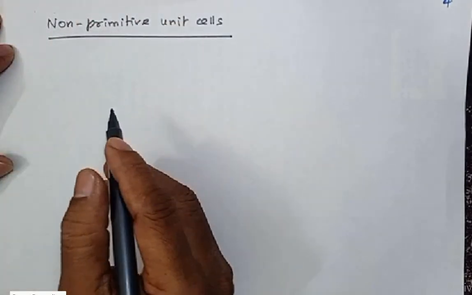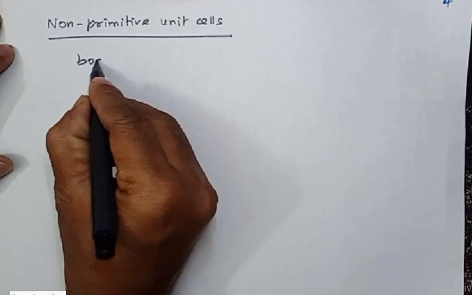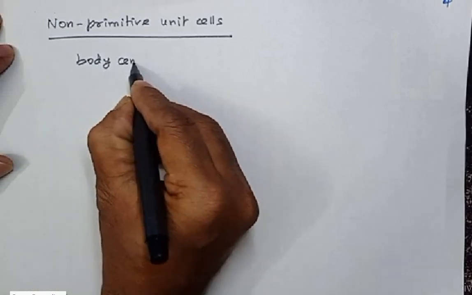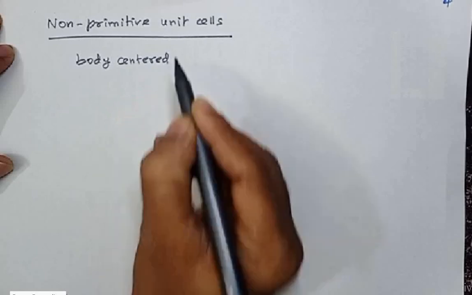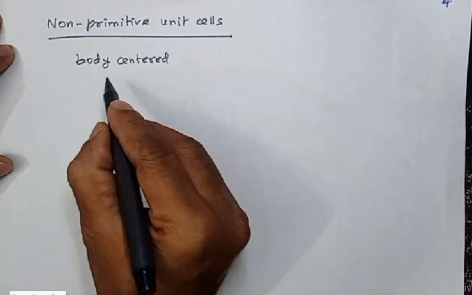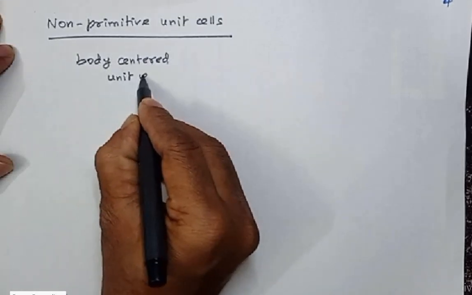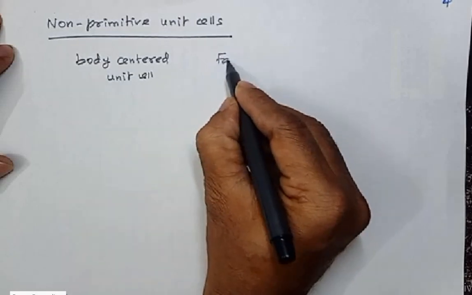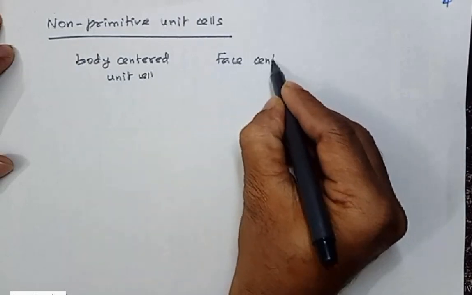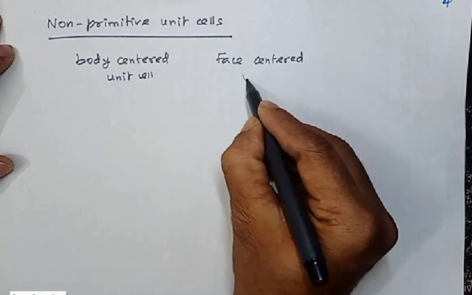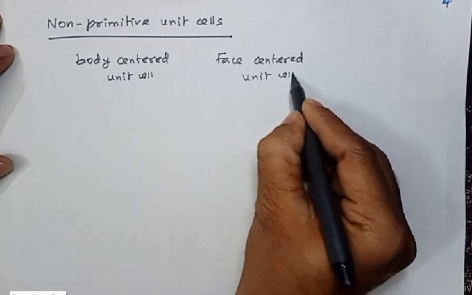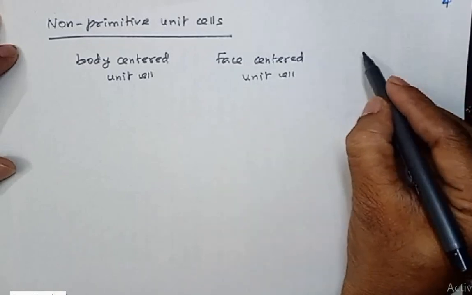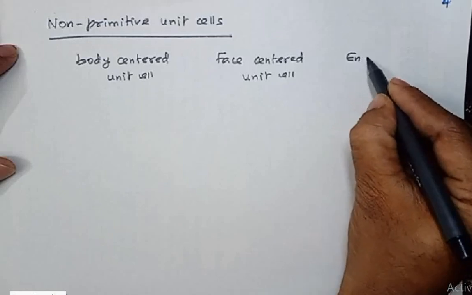What are the non-primitive unit cells possible? One is called the body-centered unit cell. Then the face-centered unit cell, and the third one, the end-centered unit cell.